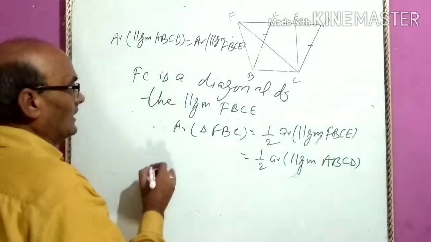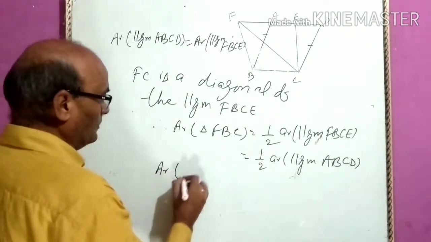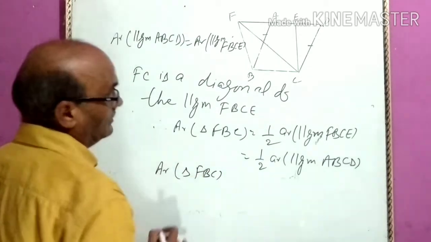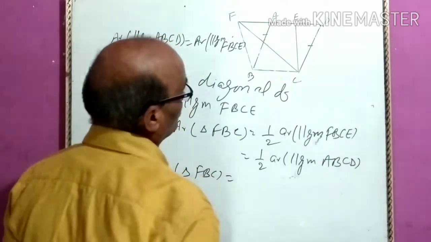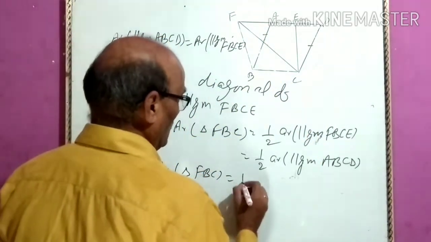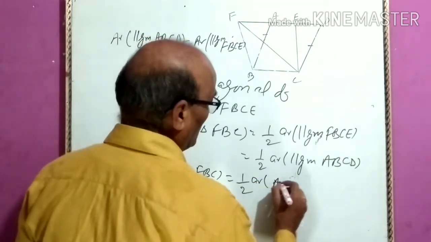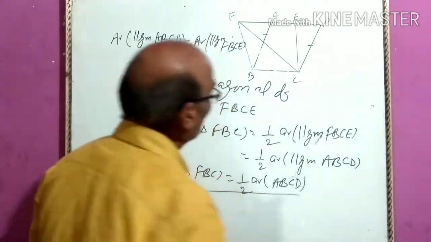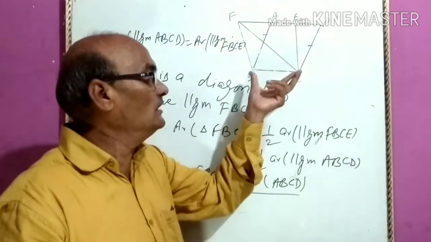So that's it. What we find? We find that area of triangle FBC, area of triangle ABC is equal to half of the area of a parallelogram ABCD. Now, I am going to conclude. ABC is a triangle having base BC.